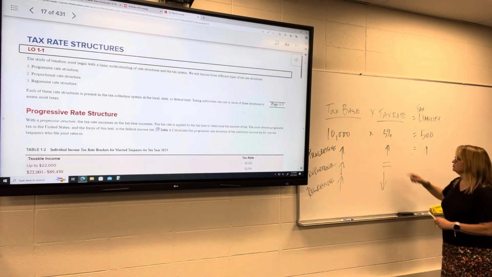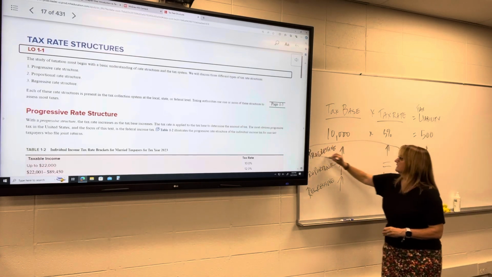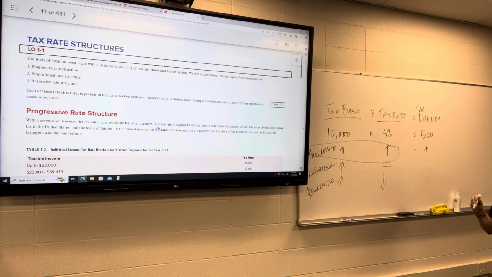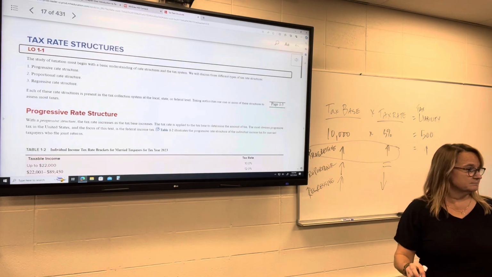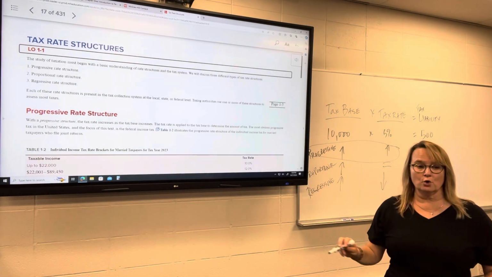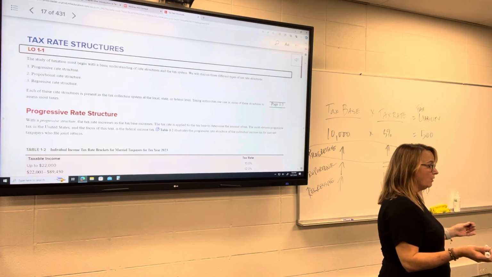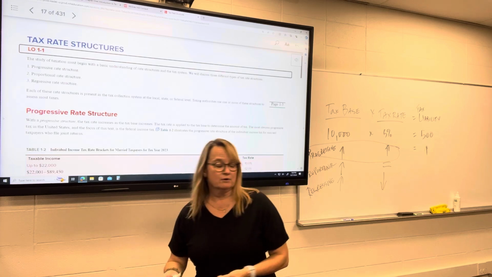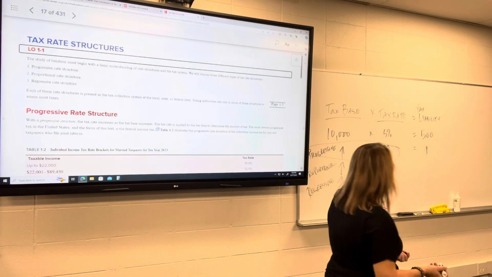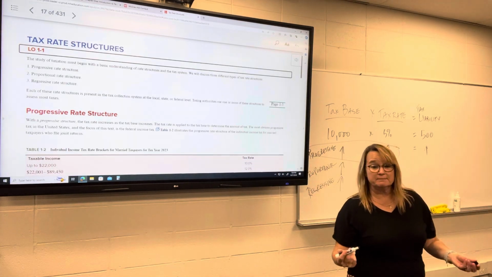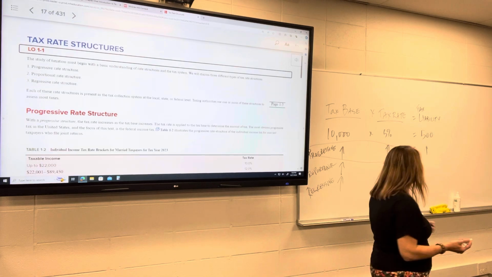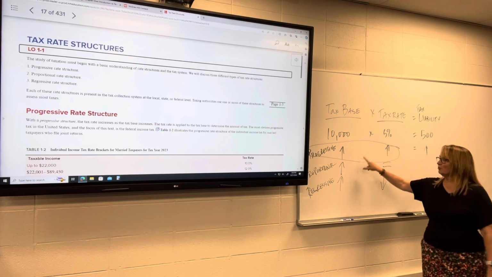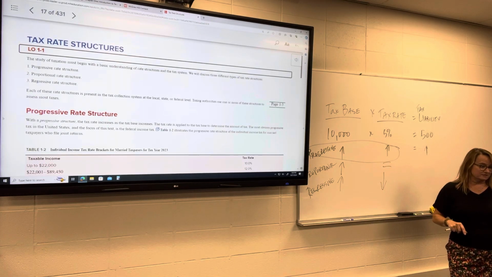Our federal income tax structure is progressive. You can think of it in terms of the more you make, the more they take, right? And there are arguments for and against each of these types of rate structures. There are arguments with regard to fairness and legitimate arguments that can be made, well, maybe not for the regressive, but for the proportional versus the progressive.